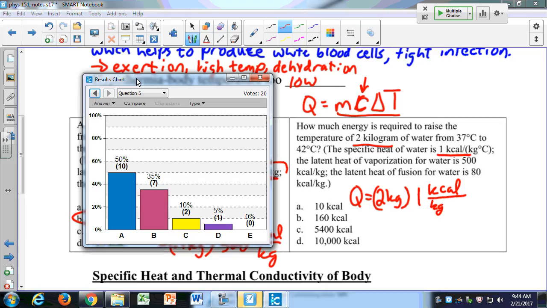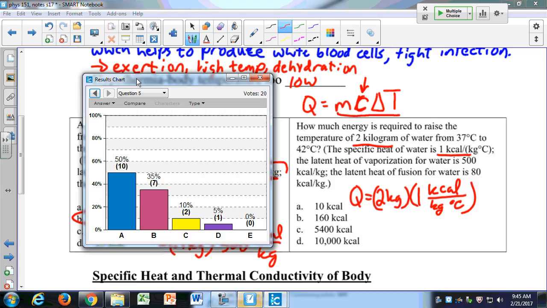We use water for a lot of our standards, or we have used it, and that's why it has a specific heat equal to 1. It's not because water is special necessarily, but we've defined the calorie based on water. If you remember, 1 calorie is the energy required to raise 1 gram of water by 1 degree Celsius. So that's why it has that specific heat.